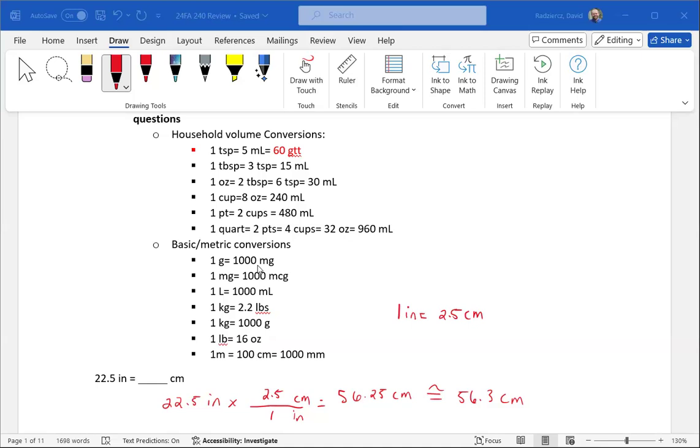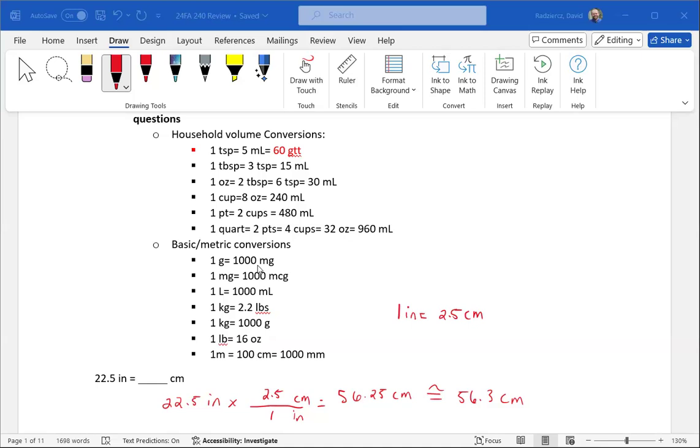But if you go from household to metric or metric to household, then you might need to round. If you're going household to household, you probably won't need to round because they're within the same units. So if I tell you 2 cups and ask you to convert that to ounces, it should be an even number, so you shouldn't have to worry about that at all.